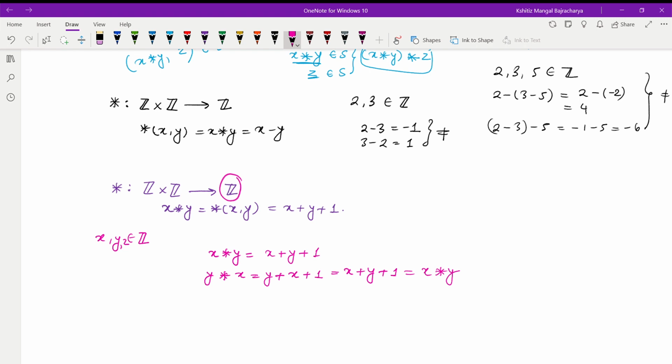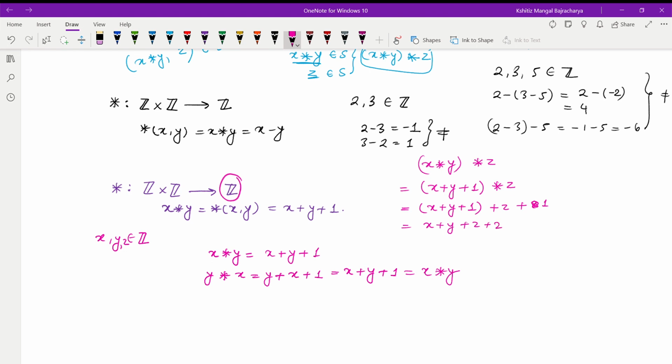Now x star y star z. x star y means x plus y plus 1, star z. This means x plus y plus 1 plus z plus 1, which is x plus y plus z plus 2.